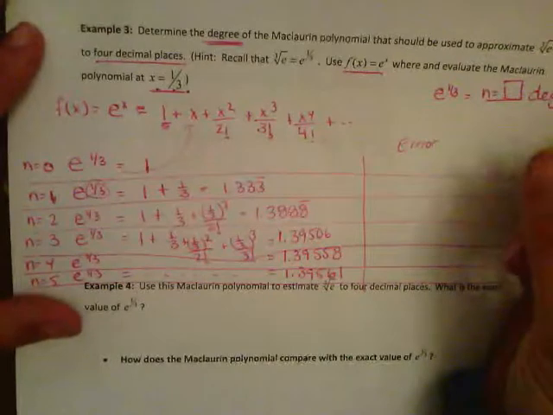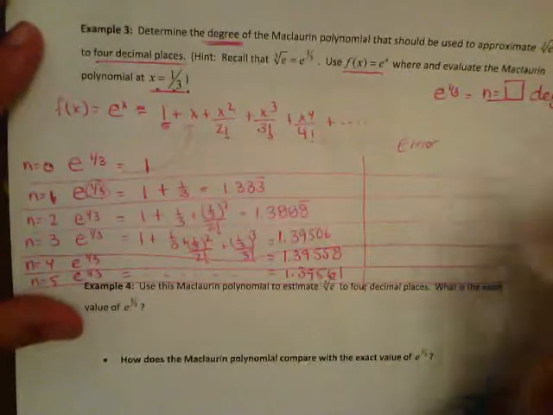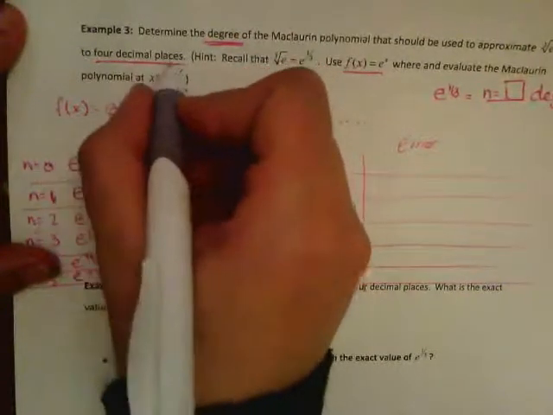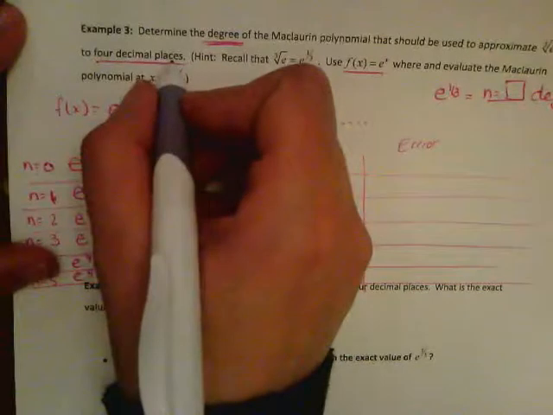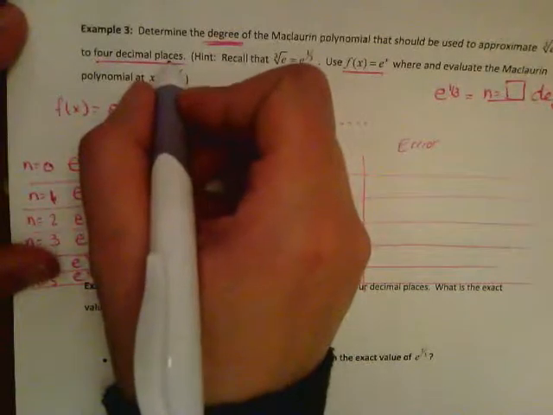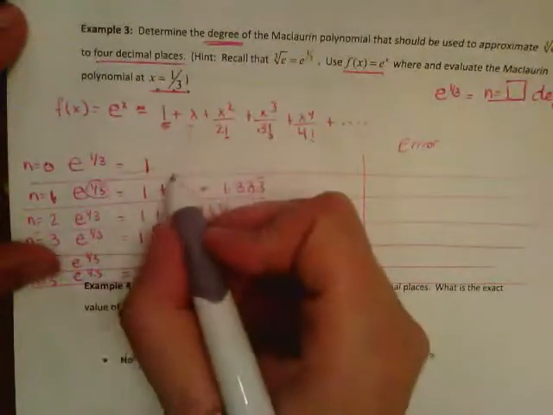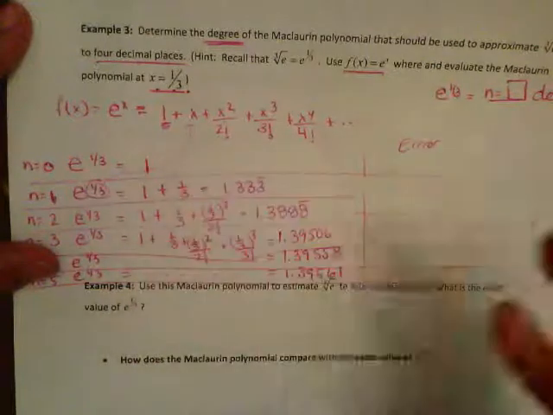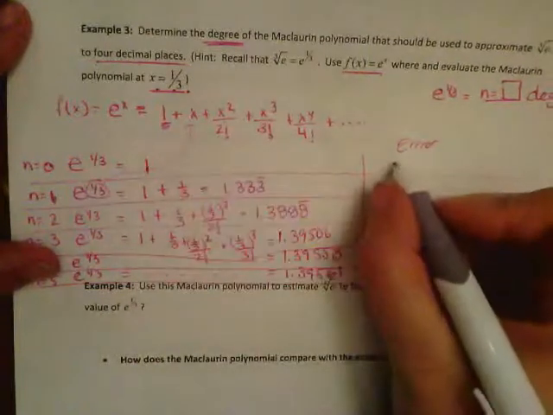So our error to 4 decimal places basically means that we want to get 4 zeros before we get a set number. Okay, I wish I had my calculator, but I'm going to need my calculator to solve these errors.